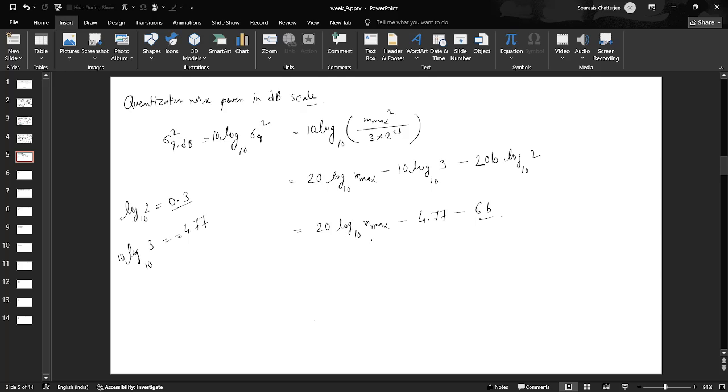So you can see in dB scale things become much more apparent, in the sense they are affine functions in the message amplitude and number of bits.